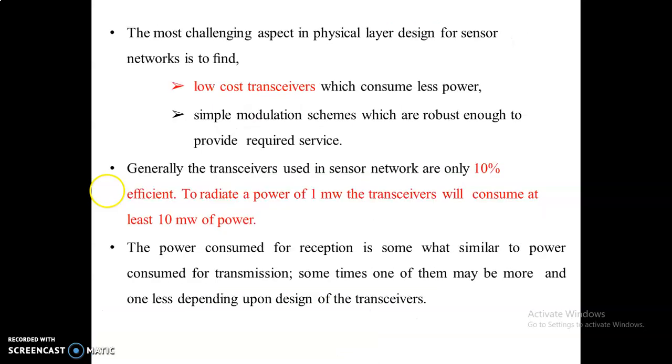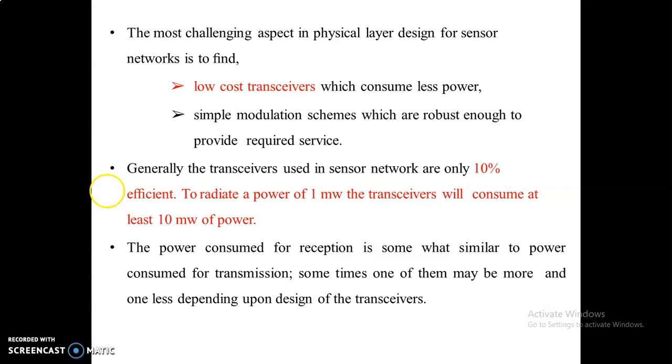An important parameter in frequency selection is antenna efficiency, which is the ratio of radiated power to the total input power to the antenna. From this we can calculate the antenna efficiency. The remaining power is dissipated as heat.